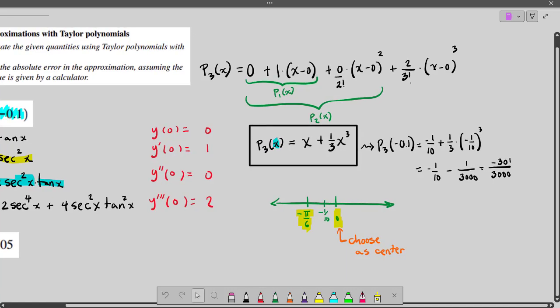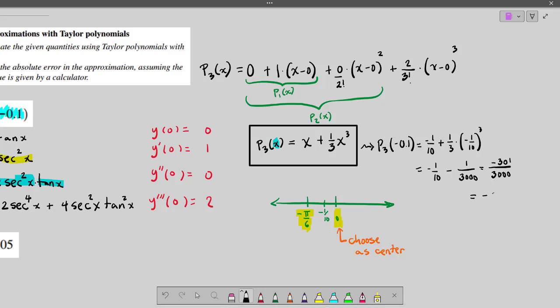That's what I got. And if you type that into your calculator, what do you get to, say, 4 decimal places? Negative 0.1003. So that is our approximation, and we can type tangent of negative 1/10 into the calculator, and it's going to be pretty darn close.